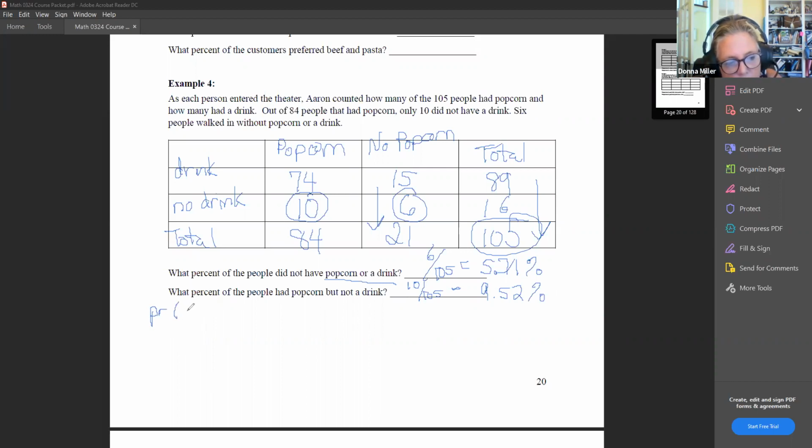What's the probability that a person who walked in had a drink and no popcorn? A drink and no popcorn would be 15, so it'd be 15 out of 105. And that's your probability. You can convert it to a decimal if you like. You just don't multiply by 100.